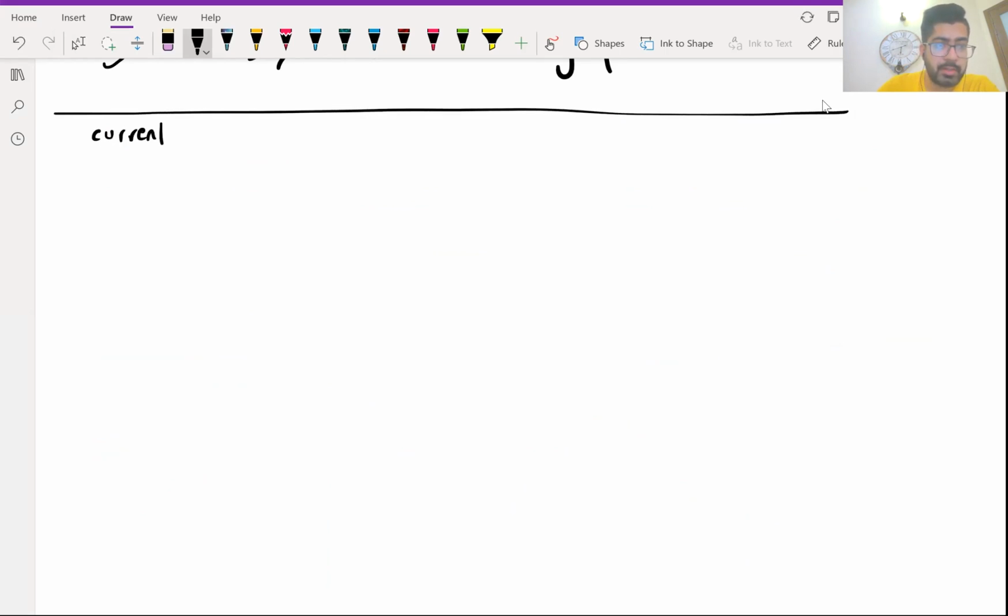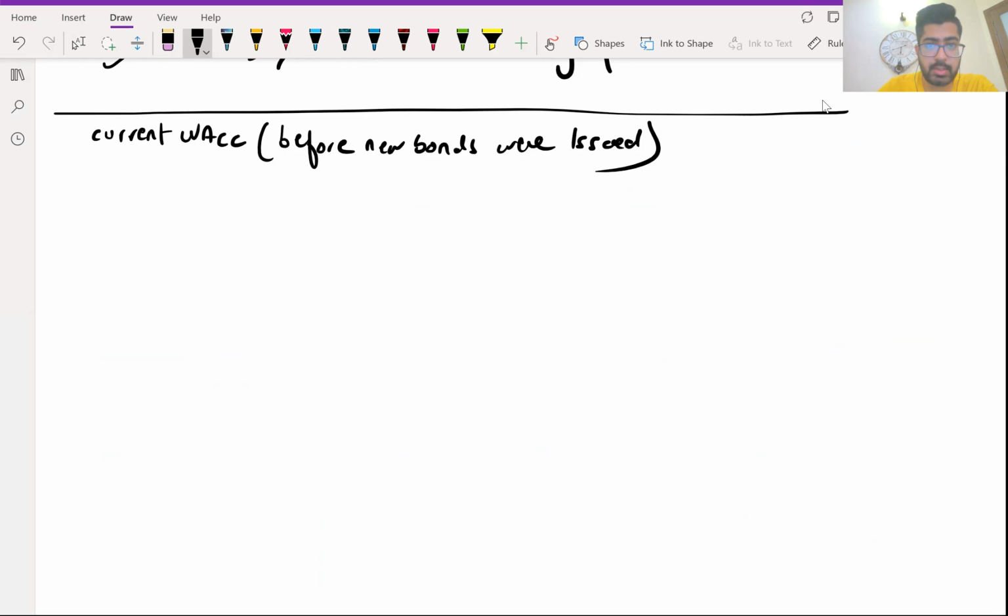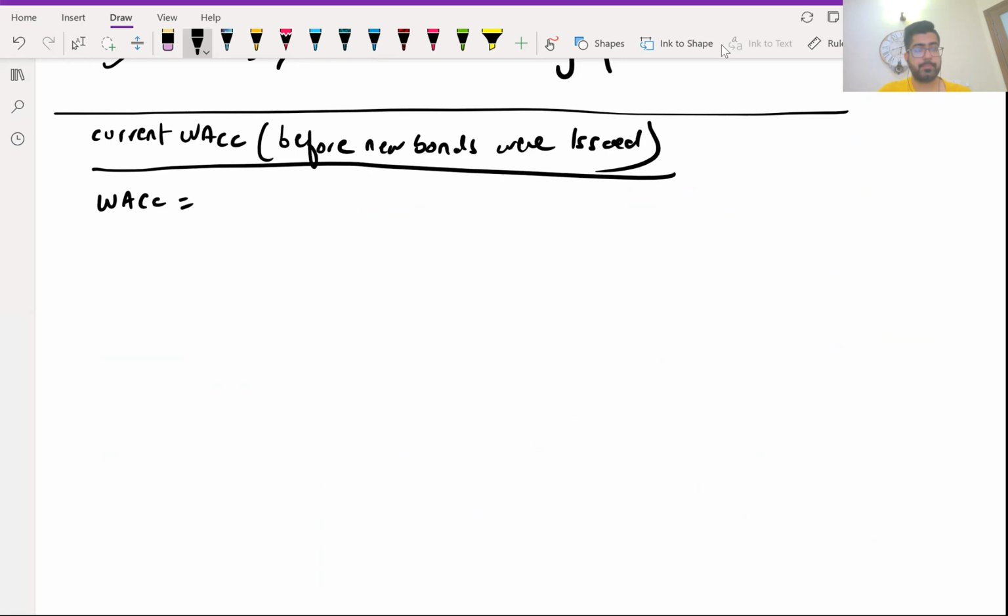Remember, you found the current WACC of the company in part 1, before new bonds were issued. Understand the concept, please. You were asked for the current WACC before the new bonds were issued. Now I made the WACC equation: before new bonds are issued, the company has shares, equity, and debt.